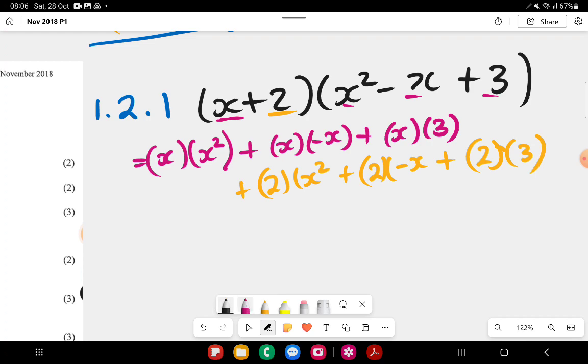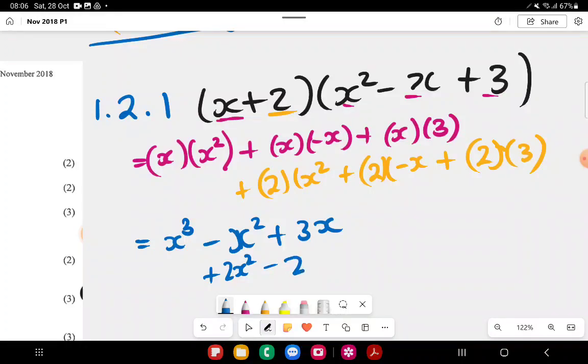And then I multiply that out. So that becomes x cubed minus x squared plus 3x plus 2x squared minus 2x plus 6.